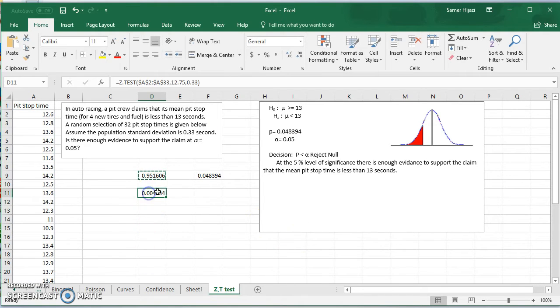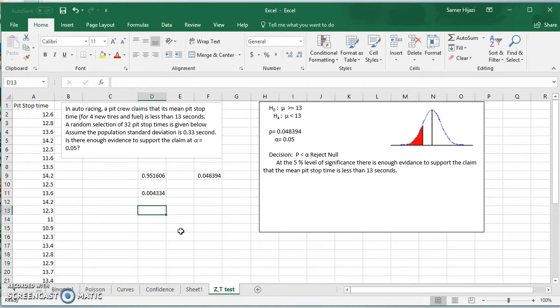The value I get here is the right tail, which means I don't have to do 1 minus, and this will be the p-value. Same idea: with alpha equal 0.05, this is definitely less than 0.05, which means reject, and so on.